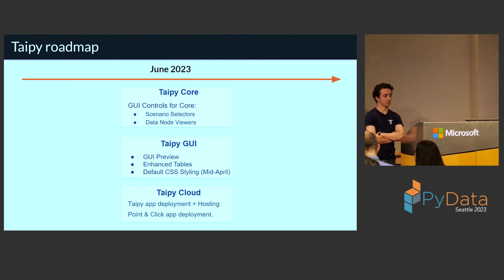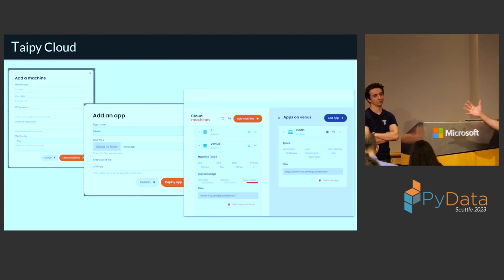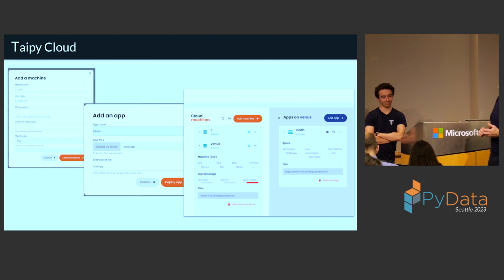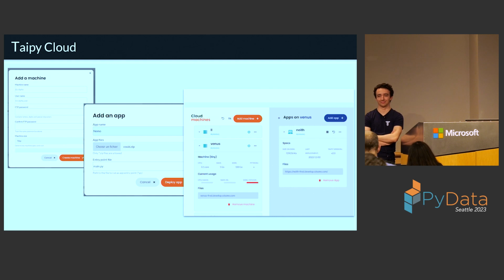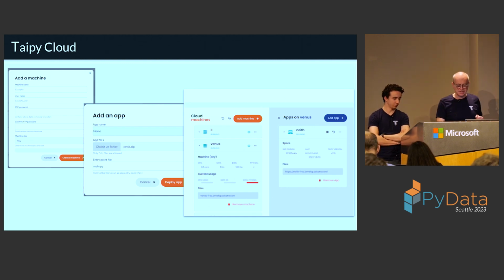Of course, we will not provide you with super duper machines over there, but you'll be able to run your Taipy application there. You will zip your files, and you will be able to deploy it, with the capability to look at the usage of your machines. So that's on the offer.